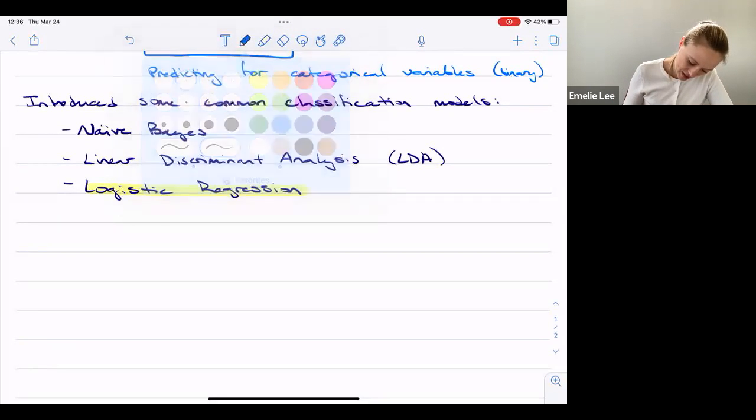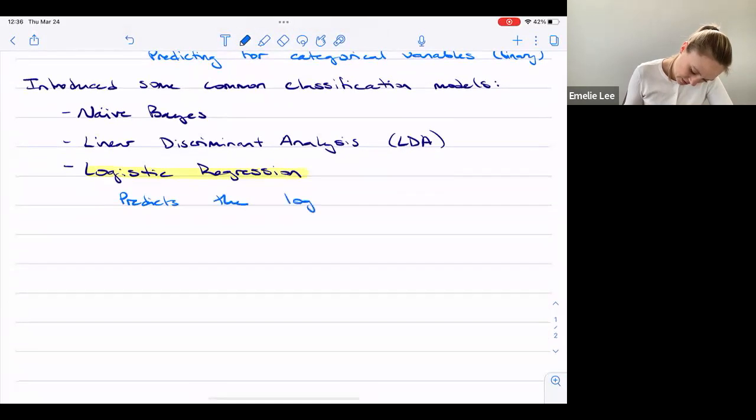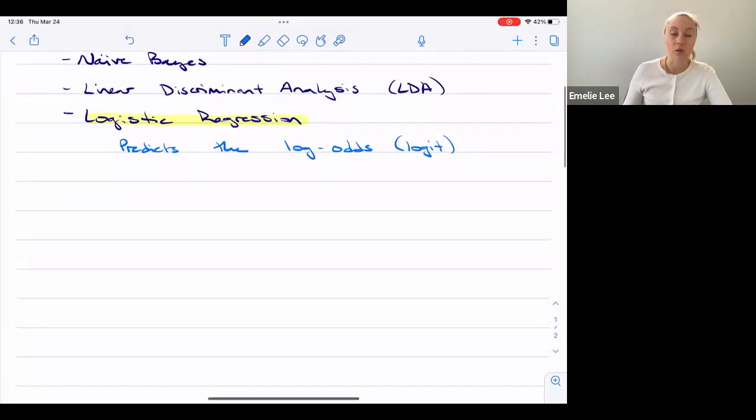But the logistic regression, right? It predicts the log odds, or the logit, right? So you'd have to kind of undo it, right?